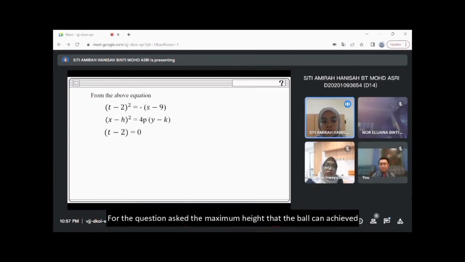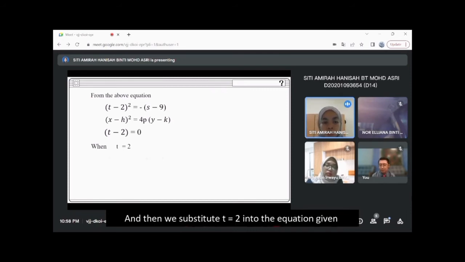For the question asked, the maximum height that the ball can achieve, we have to equal the t minus 2 with 0, and then we get t equals 2.